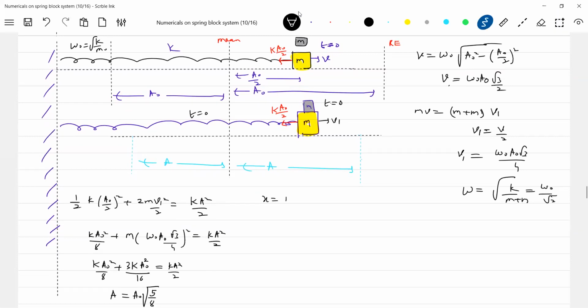We write x equal to A sine of the new angular frequency times t plus the phase angle, which we don't know. Am I right? What is the amplitude? Yes, we know, we have already calculated: root 5 by 8 A naught, sine of omega t. Omega also we know: omega naught by root 2, times t. This phase angle I don't know. How to calculate the phase angle?